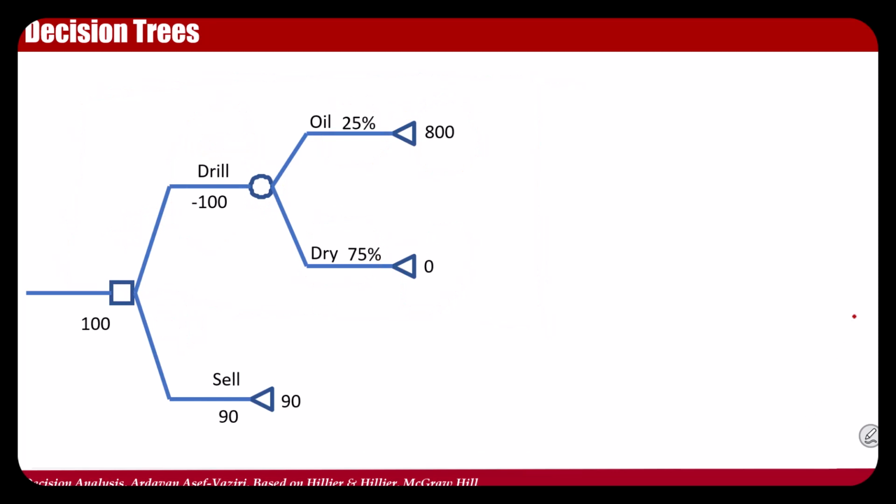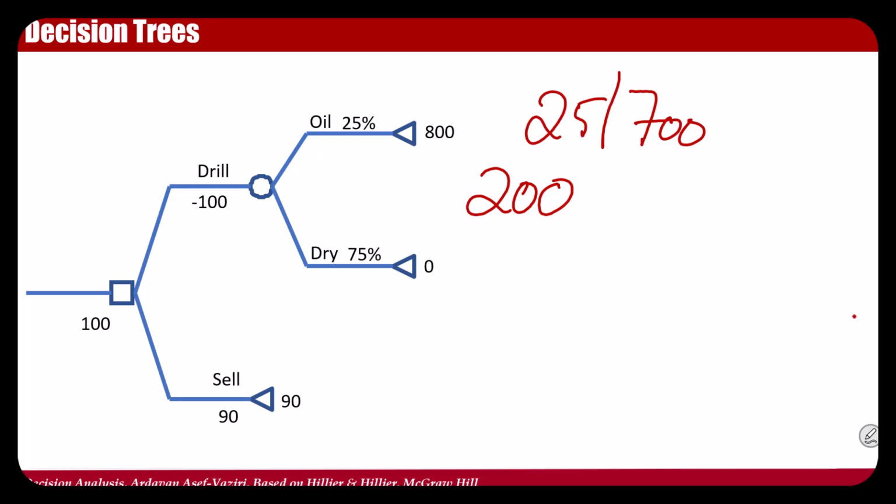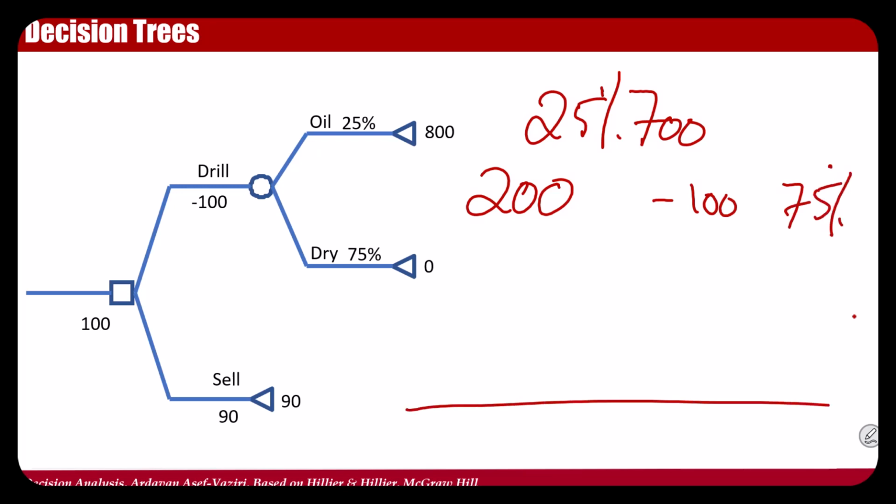However, while the expected outcome is $200,000, it is possible that I get $700,000 with probability of 25%. And it is possible to get negative $100,000 with probability of 75%. Therefore, I also need to provide a risk profile.